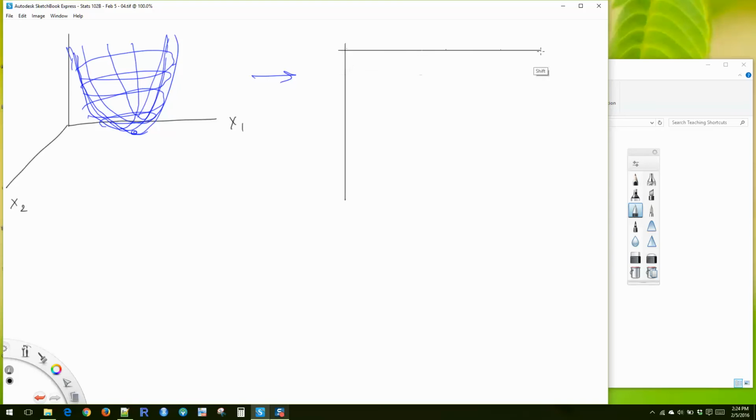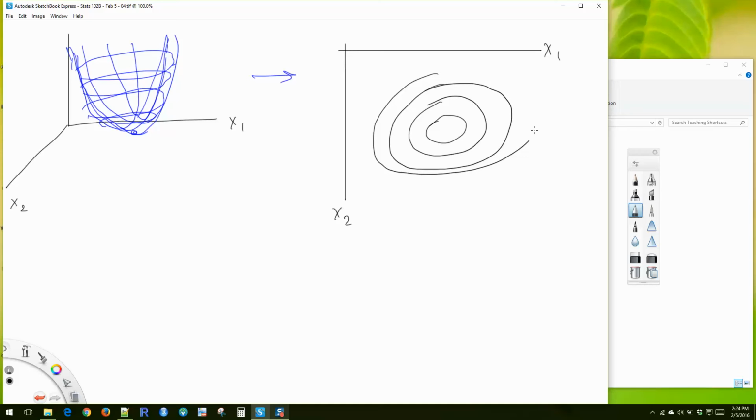So we've got x1 and x2. The gradient of f is not tangent, it's orthogonal to our contour lines, and it basically shows the direction of steepest ascent or descent.